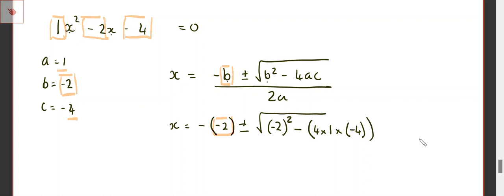So I'm putting the negatives in that. 4, divided by 2 times whatever a is. Well, I just put negative numbers in, so I know they're negative numbers.